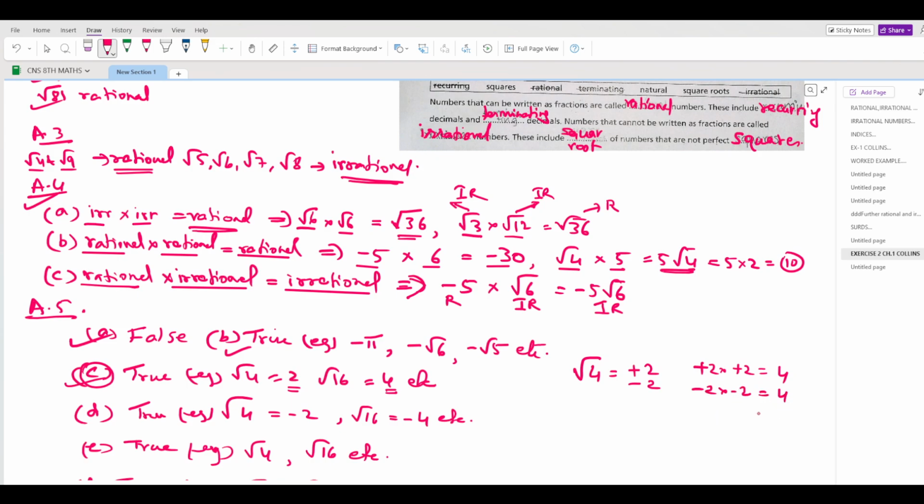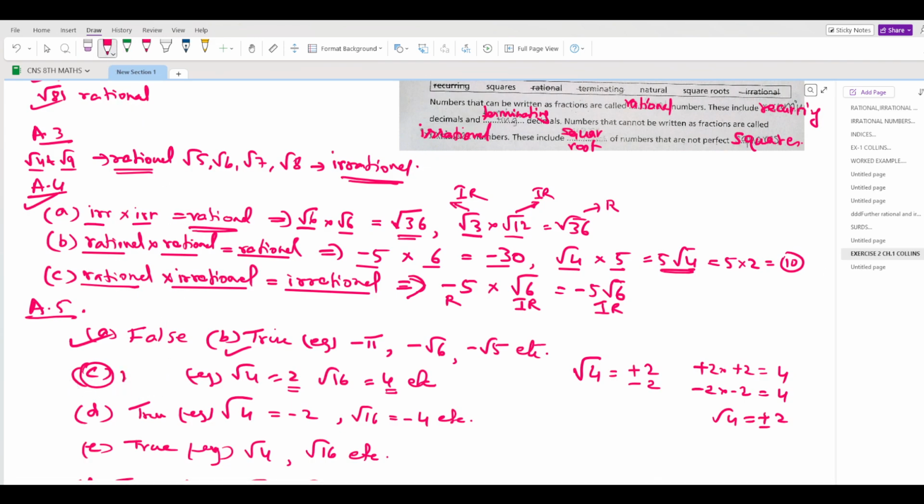So this means that the square root of 4 can be plus 2 and also minus 2. So actually the square root of a natural number can be plus 2 as well as minus 2. And if it is minus 2, then minus 2 is not a natural number, isn't it? So this statement C will be false. According to me, it should be false.